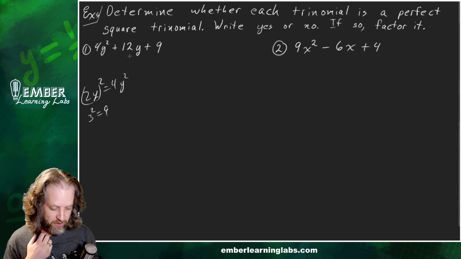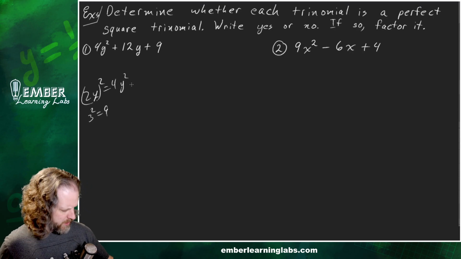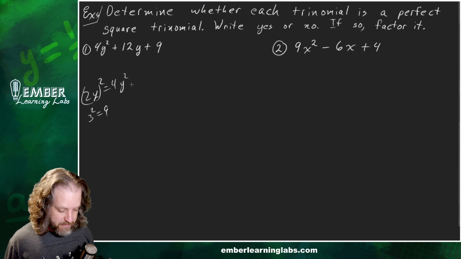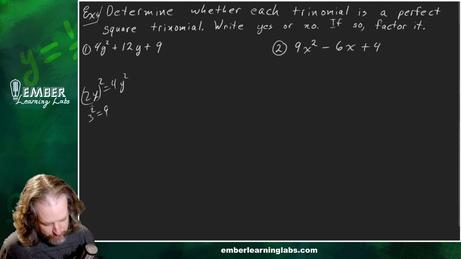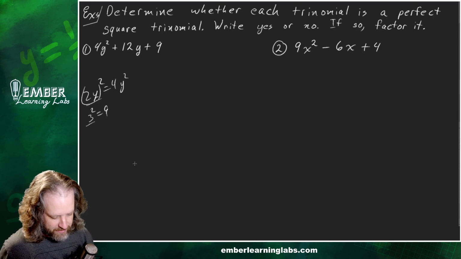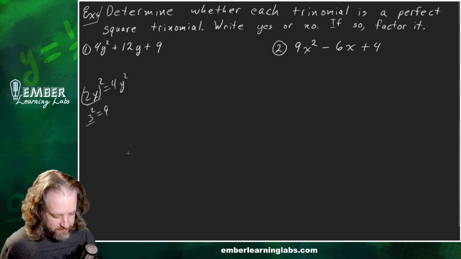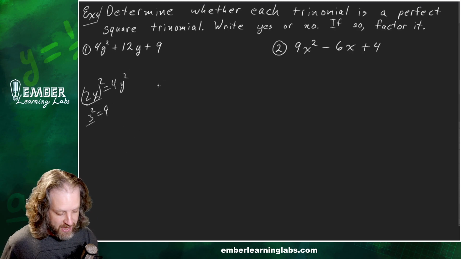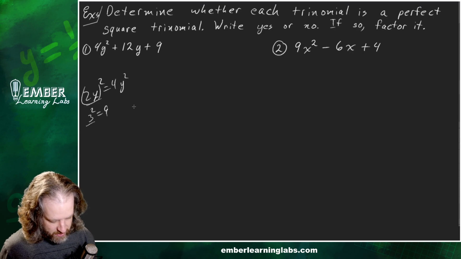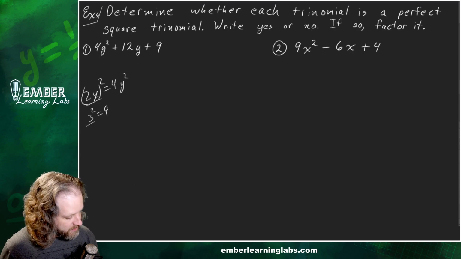Is the middle one 2 times this times this? Well, 2 times 2 is 4, times 3 is 12, and then the y. So yes, this is a perfect square trinomial. It says if it is, we're going to factor it.